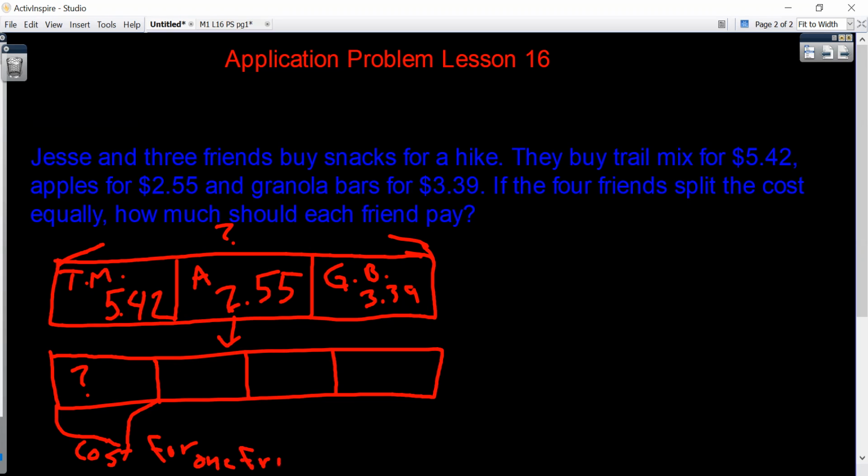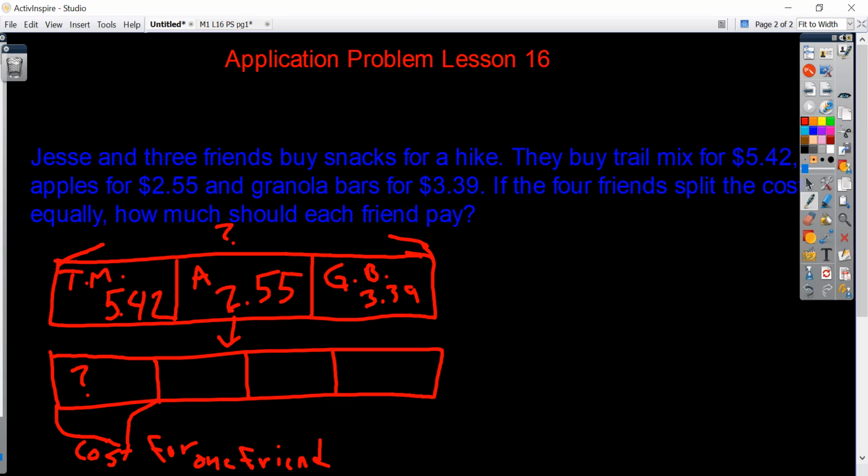I ran out of space below. So that's the cost for one friend. So now that we've done the tape diagram, it didn't take too much time. It helps us understand the steps we have to do. The first step up here, we're going to have to add these three decimals together. And then we are looking to divide it into four equal groups.